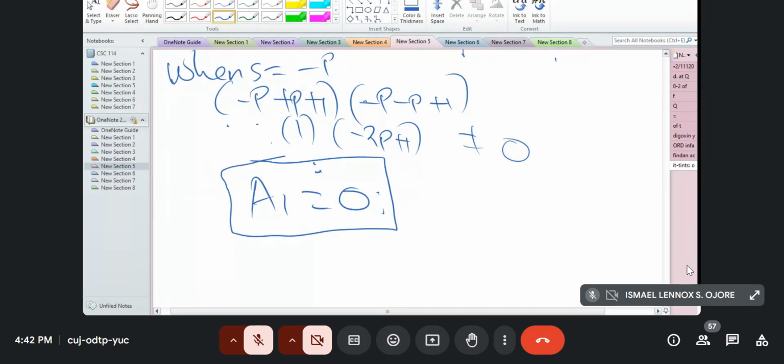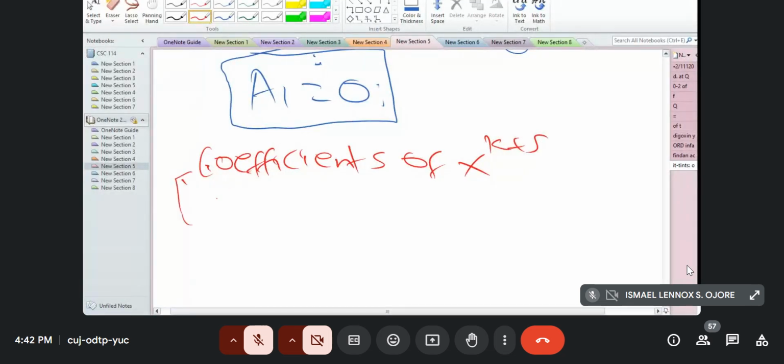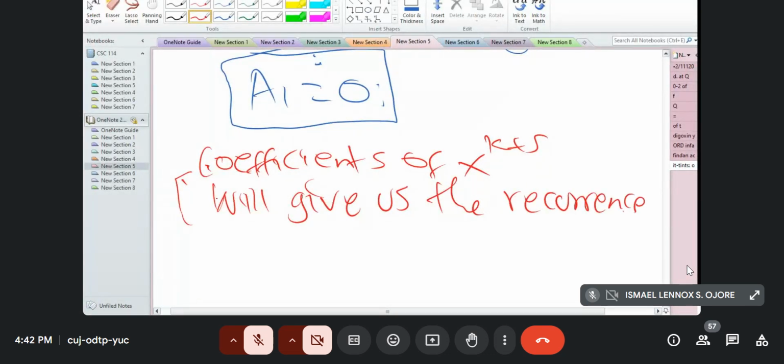I think we are left with the coefficients of x to the k plus s. We solve the coefficients of x to the k plus s to obtain the recurrence relation, or recursion formula, whichever.